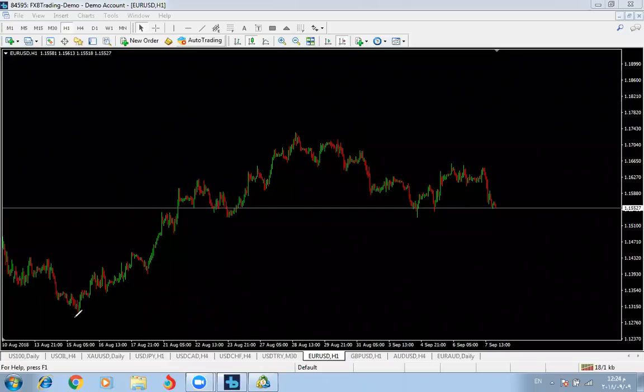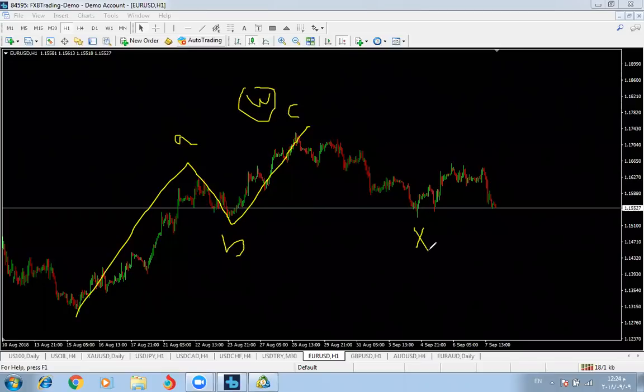This is wave A, B, and C. This A is the whole corrective structure, and as I showed you in the last video, we might see another one, making this W and this X, and another ABC to the downside.